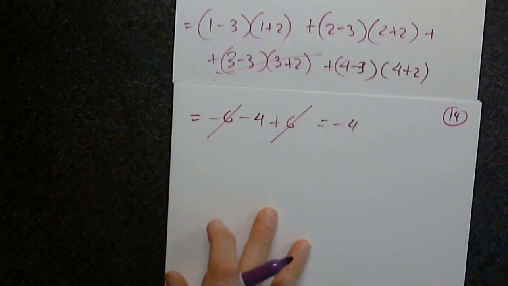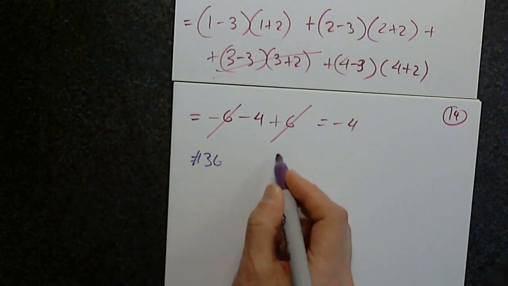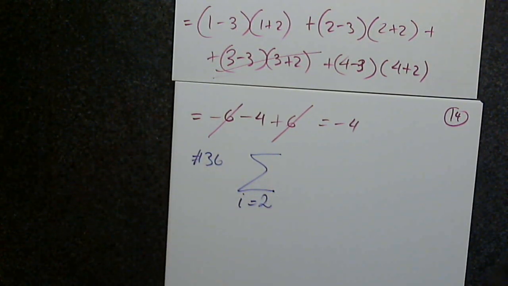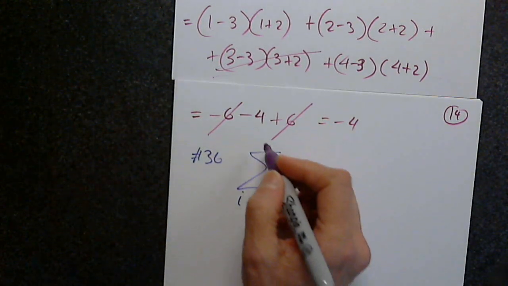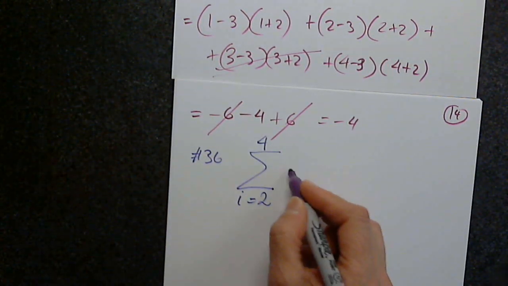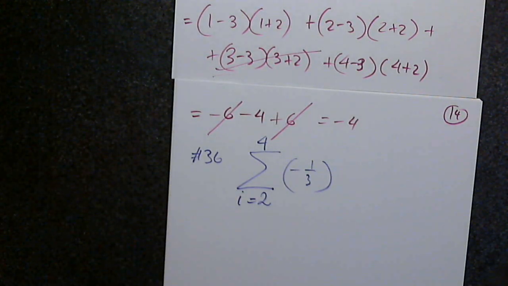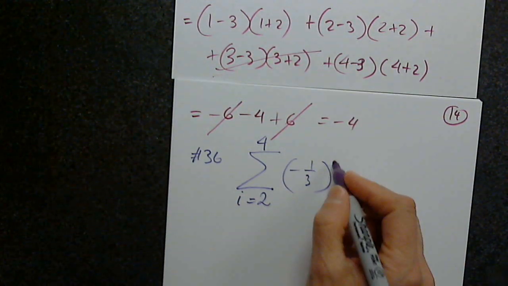Let's say 36. We're given the sum from i equals 2. As I said, i doesn't have to start at 1. i equals 2 through 4 of negative 1/3 to the i.